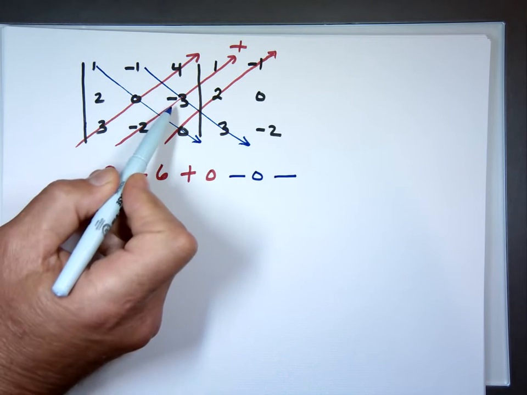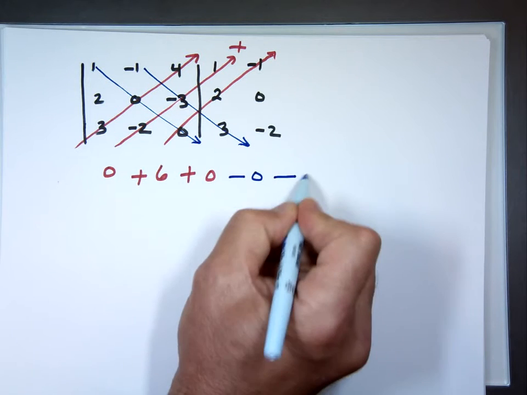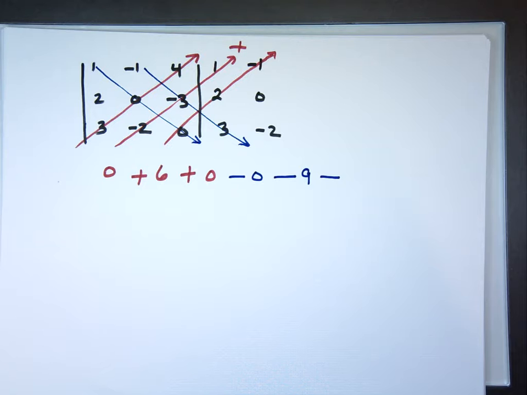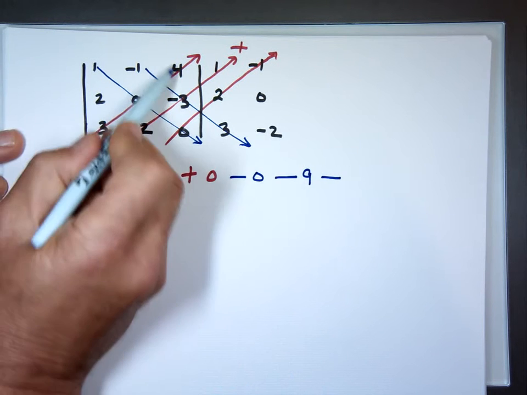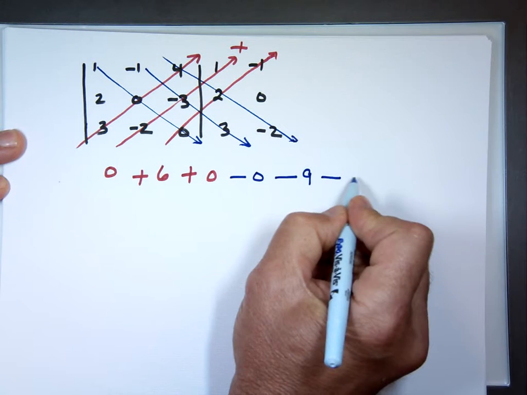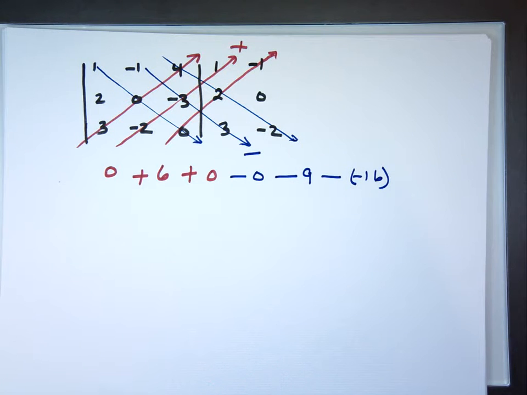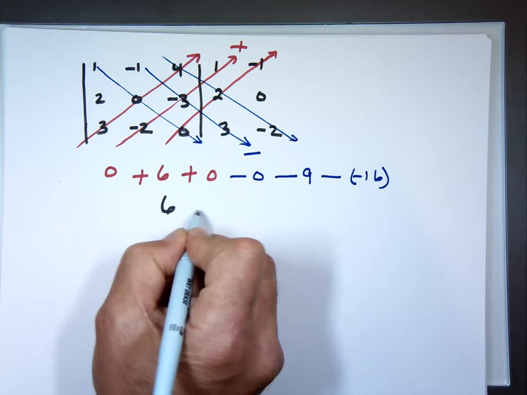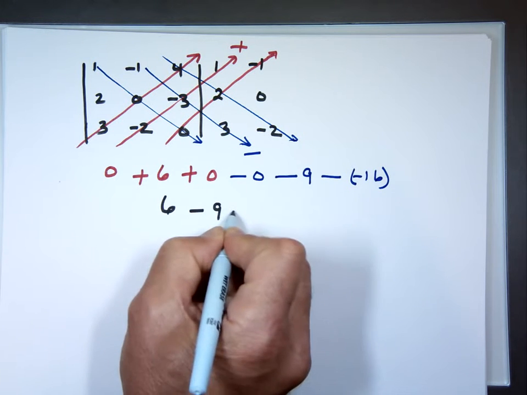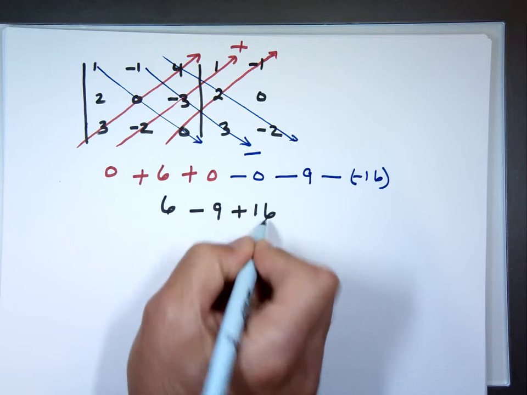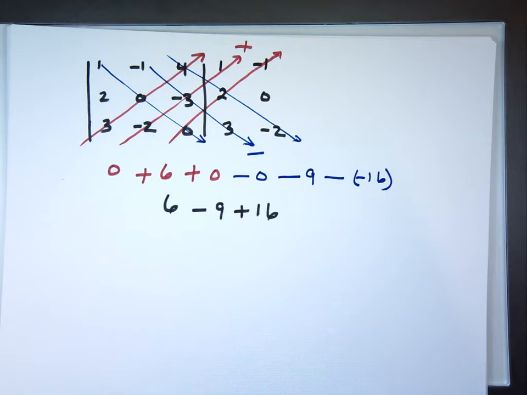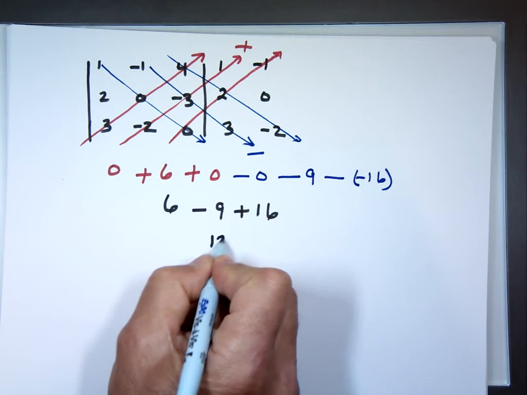Negative 1 times a negative 3 times a 3, that's a 9. Minus, that's a negative 16. And now just clean them up, and there's your answer. 6 minus 9 plus 16. 6 minus 9 is negative 3, plus 16, that's what? 13.